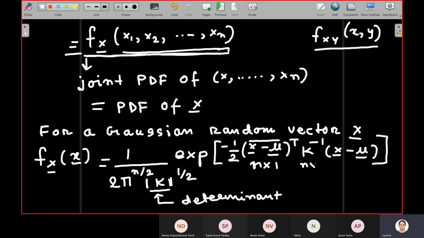This one is n cross n, and this one is again n cross 1. So 1 cross n, n cross n, n cross 1. After multiplication, we have 1 cross 1. So we have a scalar, and the exponential function operates on the scalar. So this is the example of the Gaussian distribution for an n-dimensional random vector.